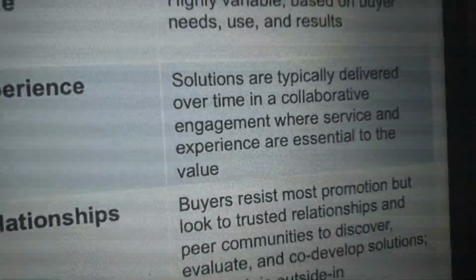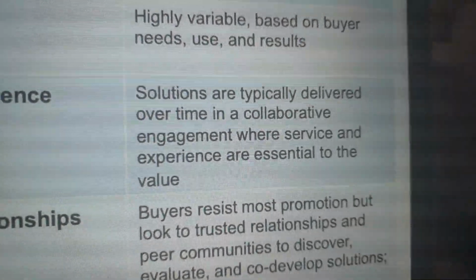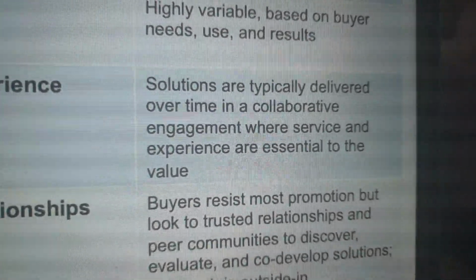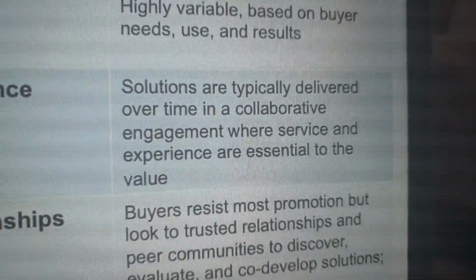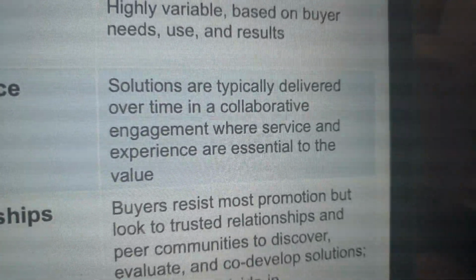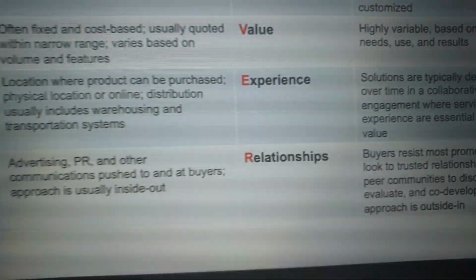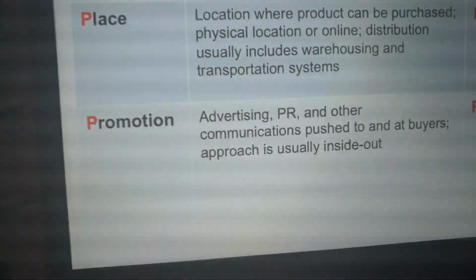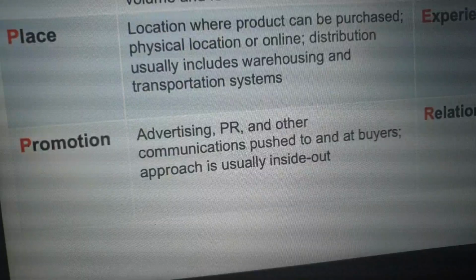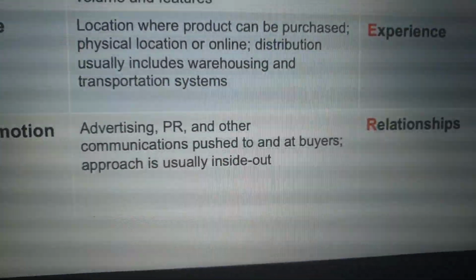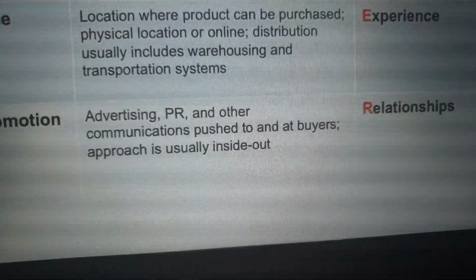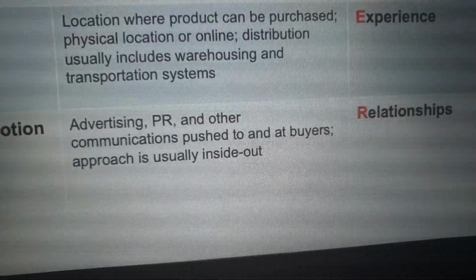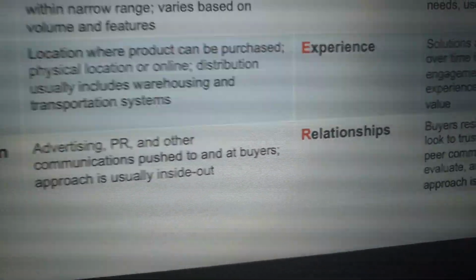These experience solutions are typically delivered over time in a collaborative engagement where services and experience are essential to the value. And finally, promotion, that is advertising, PR, and other communications pushed to and at the buyers. The approach is usually inside out.